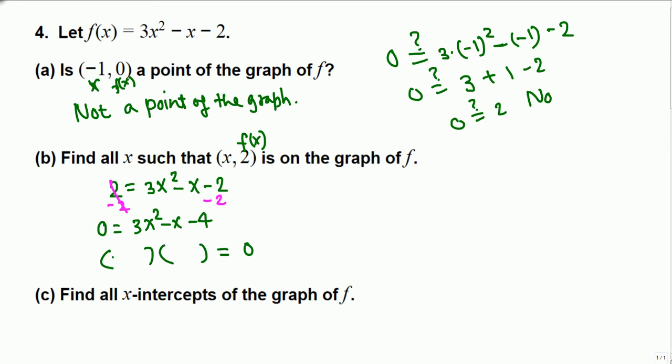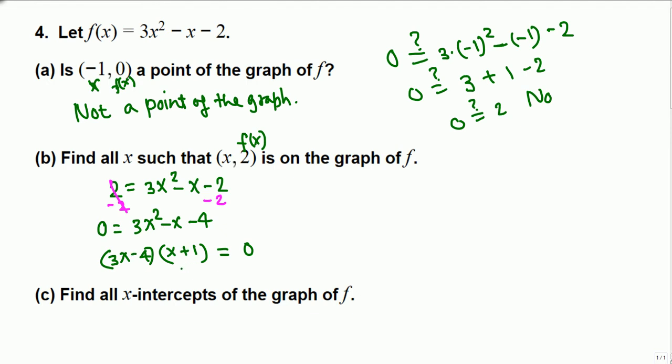Okay, 3x squared, that's 3x times x, and 4, this is 1 times 4 or 4 times 1 or 2 times 2. We have to get -1 in the middle. Okay, so let me try 4 and 1, and to get negative, I'm going to put negative here and positive here.